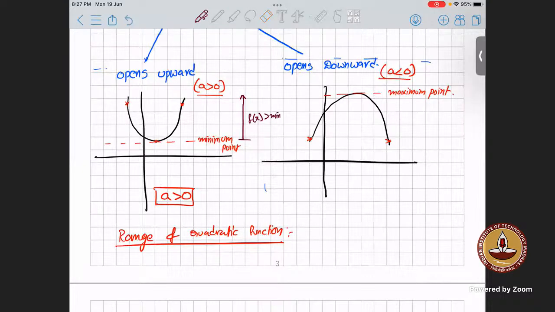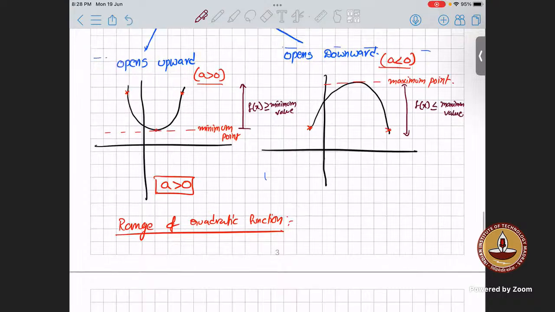It can be greater than or equal to the minimum. In the other graph, f of x must be less than or equal to the maximum value.